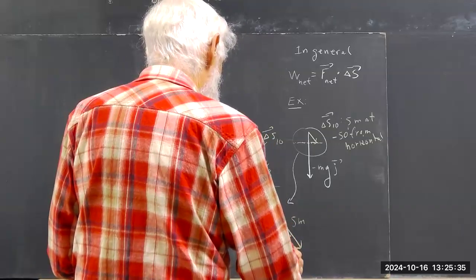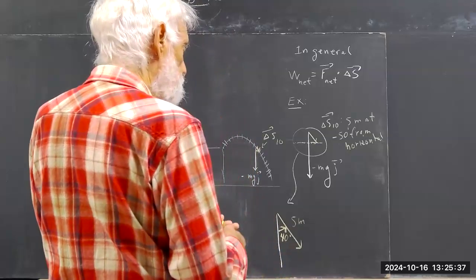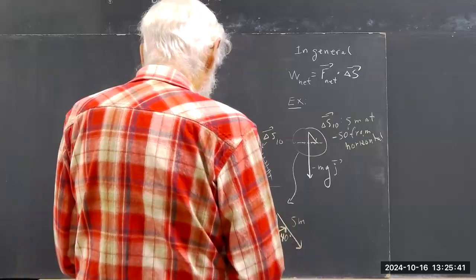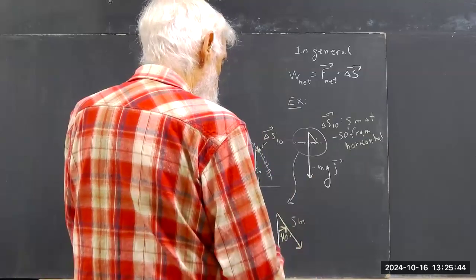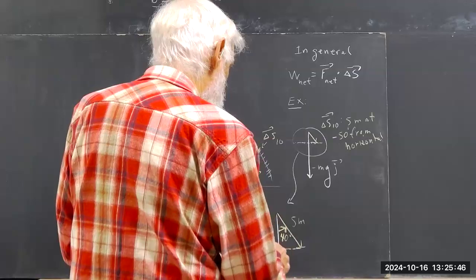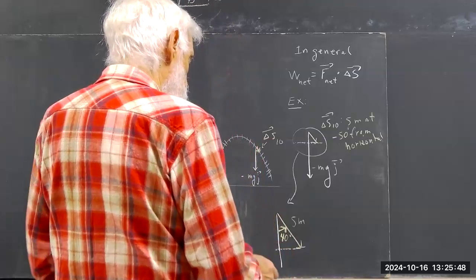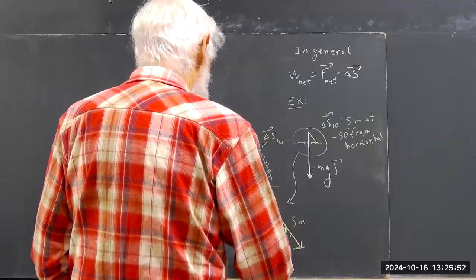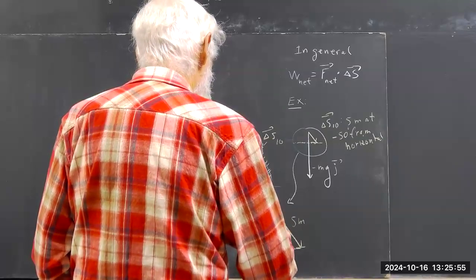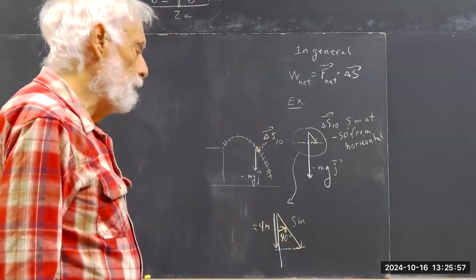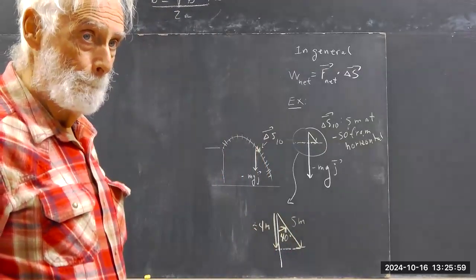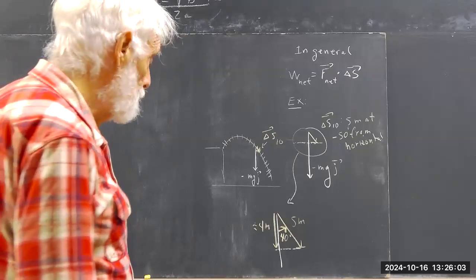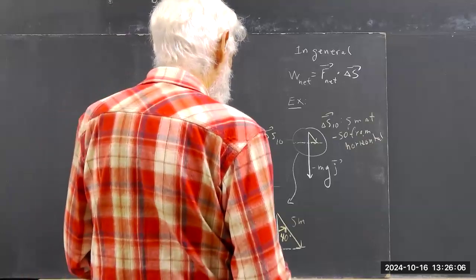The projection of this vector on this vertical line, which is part of the vector I've drawn up here for the weight, is approximately 4 meters. Okay, a little less than that.